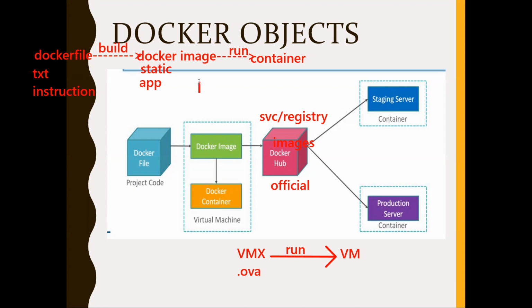So let's suppose this is your Docker image. You can run the same Docker image any number of times and create any number of containers. Like I have run it thrice. So C1, C2, C3, three containers. Same single Docker image, one Docker image. Three means three replicas, or else you want to scale your application, right?